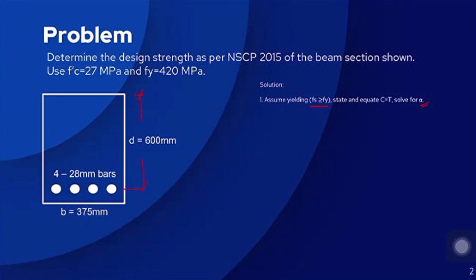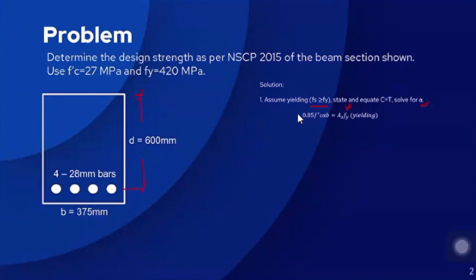So after solving for alpha, you can use this equation in solving for alpha. In yielding, we use your F sub Y. Kasi nag-yield siya. So 0.85 FC prime alpha B equals ASFY because yielding condition.